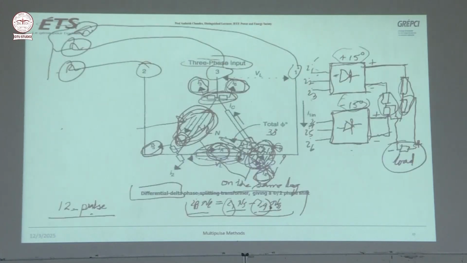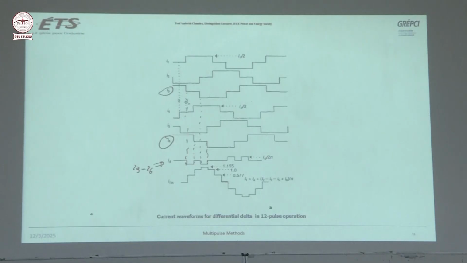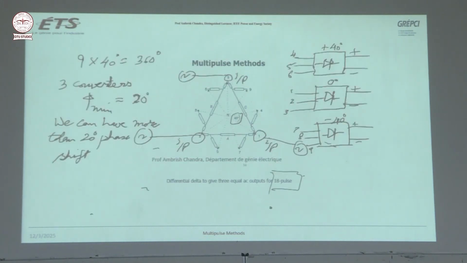So I3 minus I6. This is I3 waveform and this is I6 waveform. Difference of these two, you see, IA is so small. So it is very compact, very big advantage.